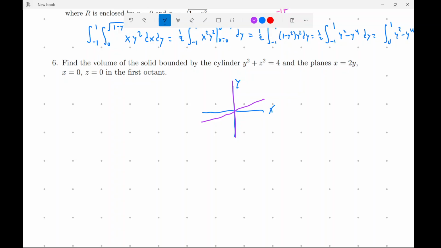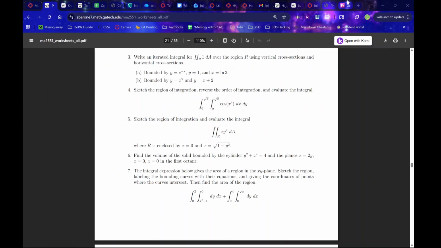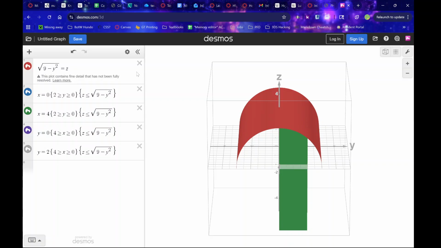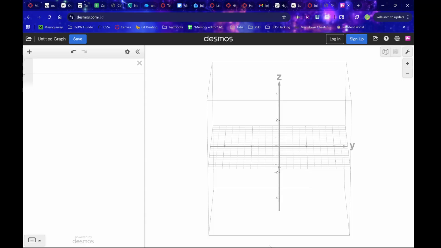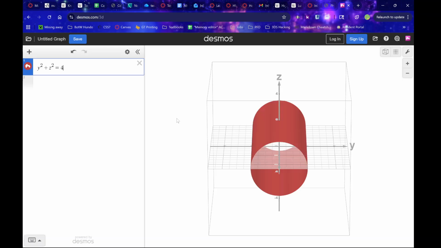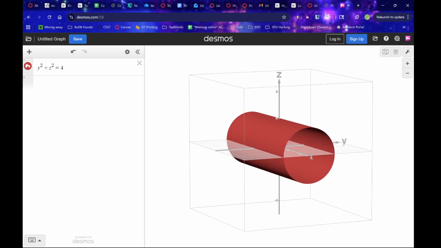Okay, I'm going to put this in Desmos 3D just so I have an easier time visualizing what I'm thinking. Let's get rid of all you guys from the last worksheet. So we have y squared plus z squared is equal to 4, which is that cylinder right there.